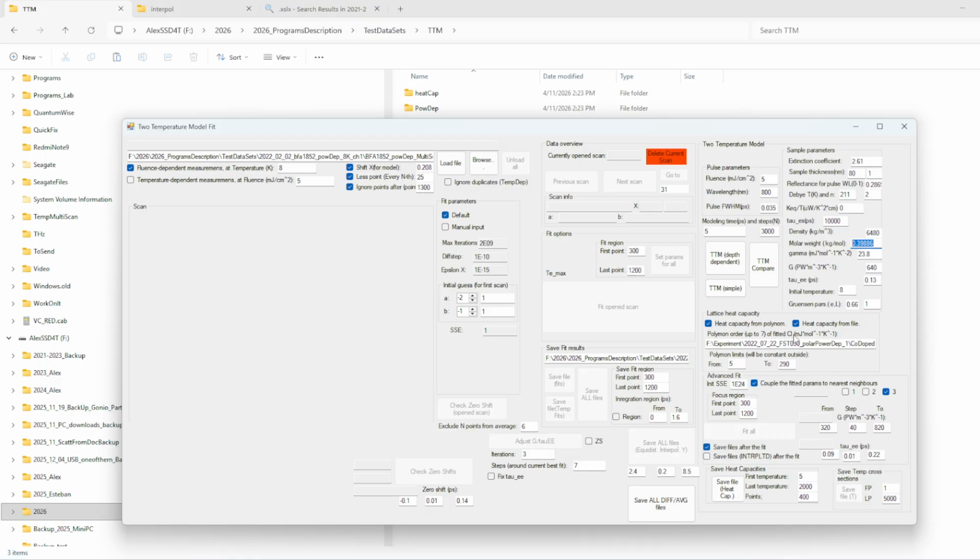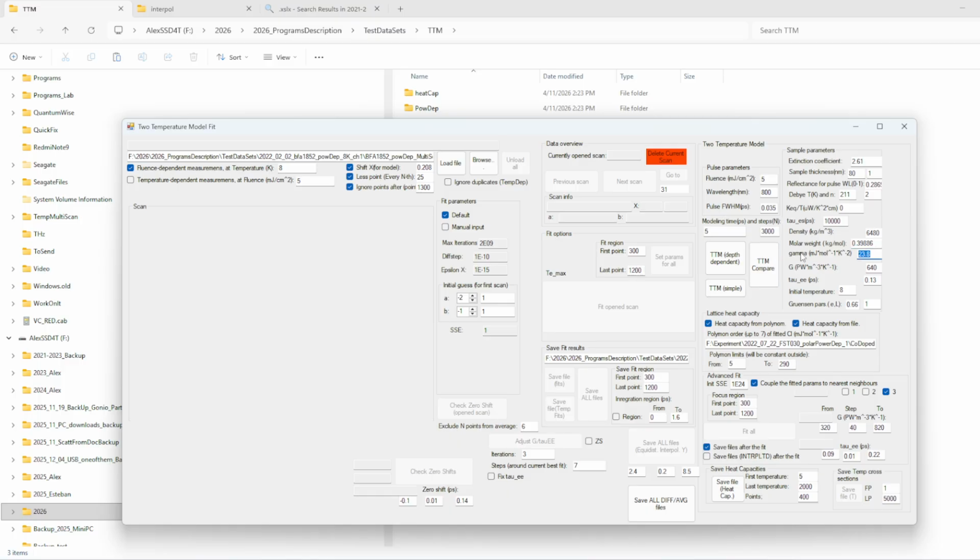The previous publications usually used millijoule divided by mole divided by Kelvin, but in these models we are interested in units of density in kilograms per meter cubed, for example, in volume. So we need to convert this heat capacity to other units. That's why you need to provide density and molar weight.